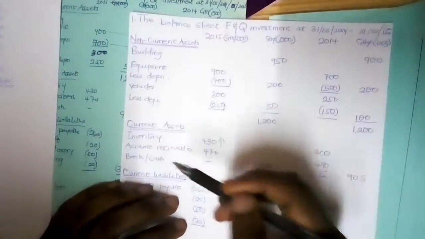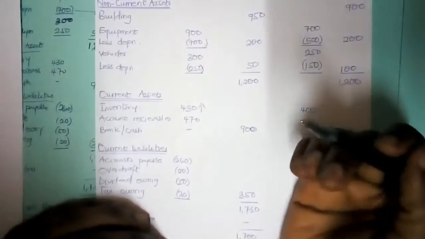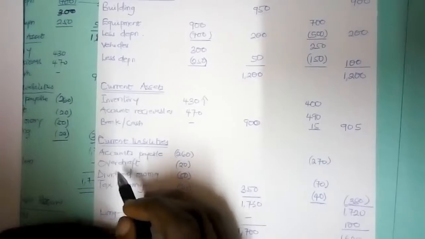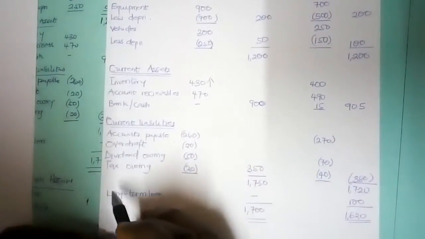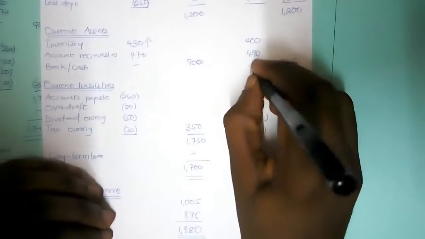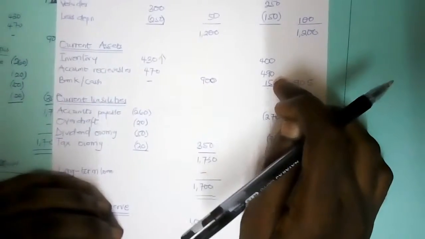We have current asset, inventory, account receivable, bank or cash, account payable, overdraft, dividend owing, tax owing, long term, and then we have our capital and reserve. The trick here is that at the end, our cash balance or whatever we'll get should be equal to this figure, and if it's not, then that means there is something wrong somewhere.